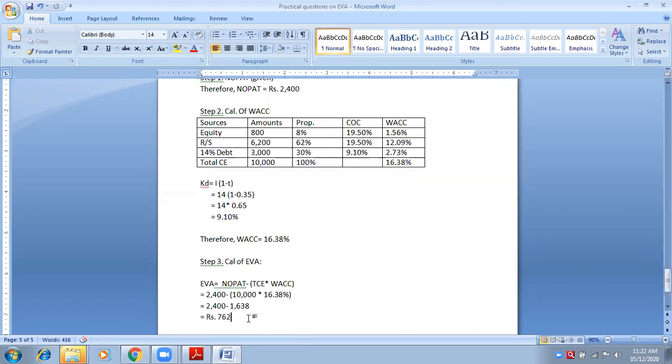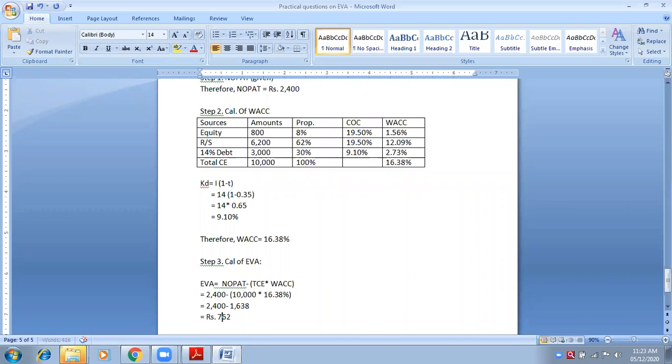762 lakhs means it is somewhere around 7 crores 62 lakhs, because in lakhs we put 5 zeros. If I put 5 zeros, 1, 2, 3, 4, 5, how will we call it? 7 crores 62 lakhs. So 7 crores 62 lakhs of value addition is there. Anyways, we don't write it this way.